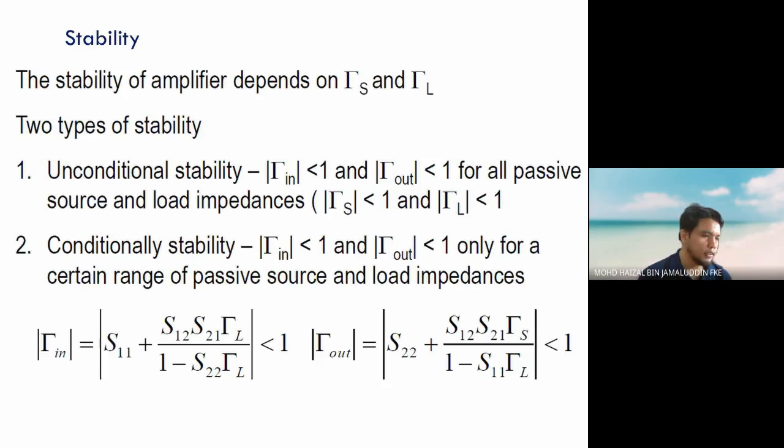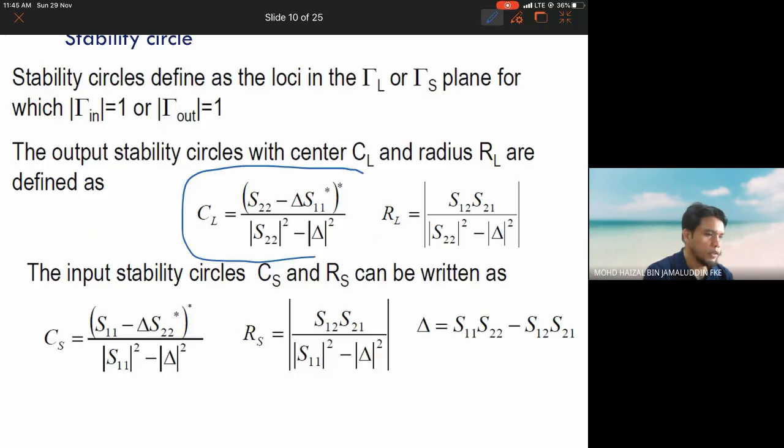The stability circle can be drawn on the Smith chart by determining the center of the stability circle and the radius of the stability circle. This can be calculated using this formula.